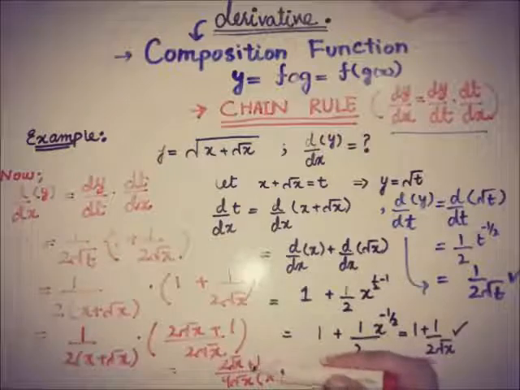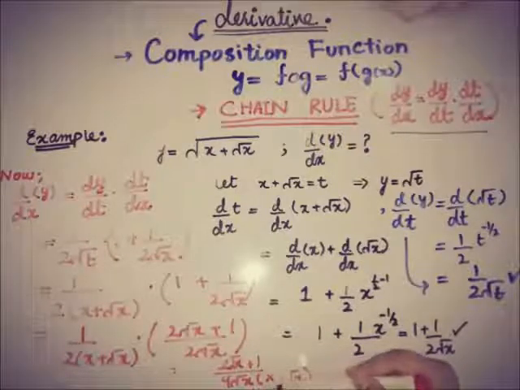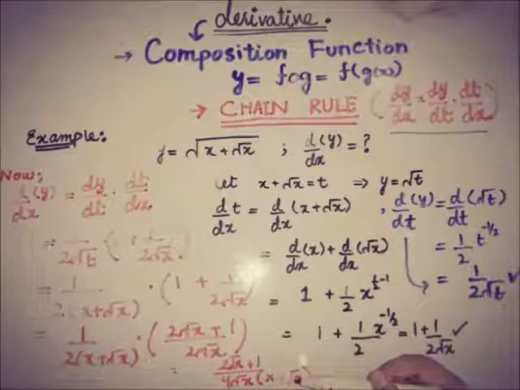So this is the answer: 2 under root x plus 1 over 4 under root x plus under root x, times under root x plus under root x.